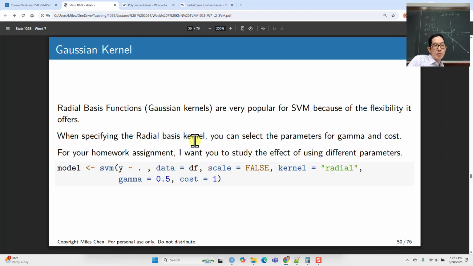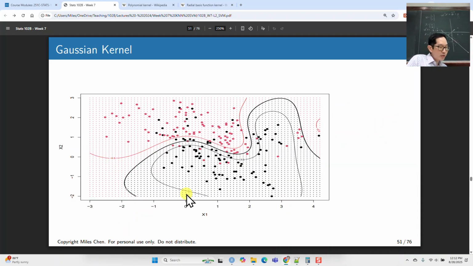Meanwhile, probably the most popular as far as support vector machines is to use this RBF or Gaussian kernel, okay? And so here I'm going to say the kernel is radial, and then you have these two parameters, the gamma and the cost, okay? And so we'll just explore some of the effects of changing these things, okay? So the cost is kind of like that soft margin, and it's asking how bad is it to have a point that is misclassified, okay?